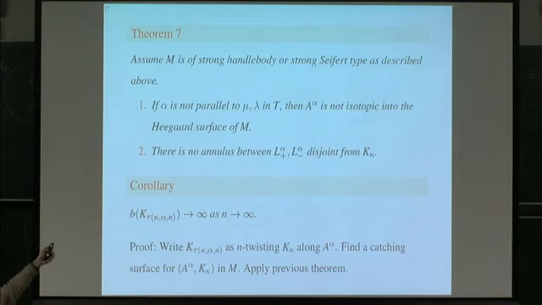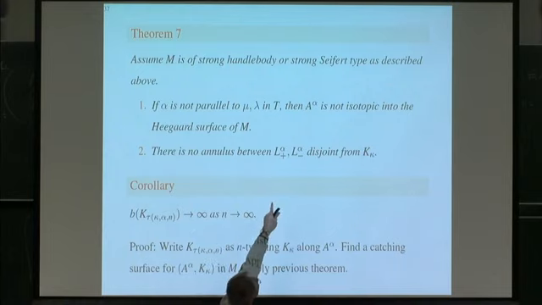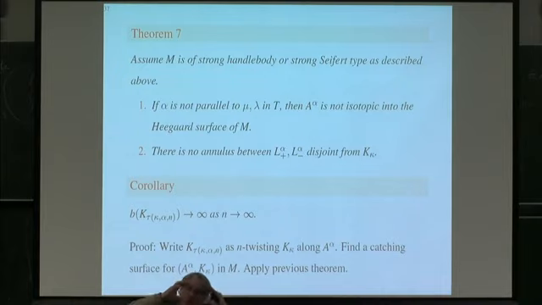For example, to show that there's no annulus between the boundary components of A alpha that's disjoint from K kappa, you say, the thing I'm gluing along is so complicated that if there were an actual annulus living in M, the three-punctured sphere would have to bust that annulus.